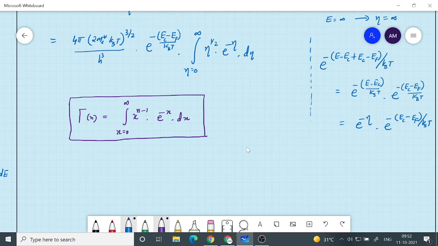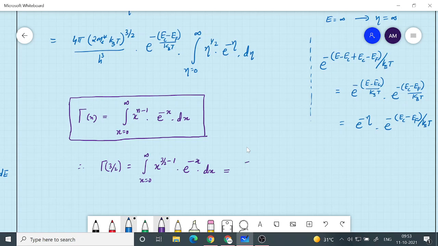Okay, so in this case, if you compare our particular integral here, it is gamma 3 by 2. So gamma 3 by 2 is integral x equal to 0 to infinity x raised to 3 by 2 minus 1, which is x raised to half, into e raised to minus x dx.